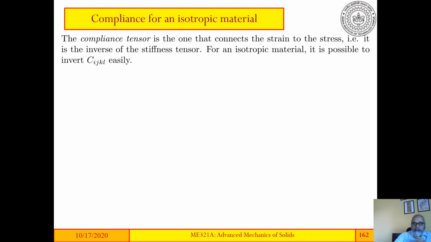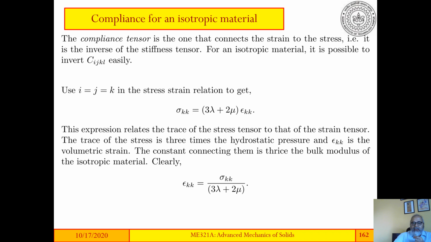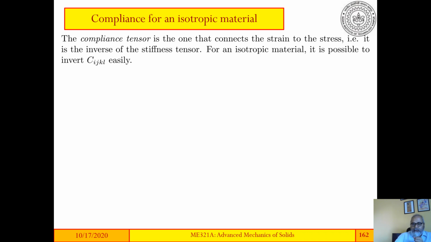So first let us look at the stress strain relation, which is sigma ij equal to lambda epsilon kk delta ij plus 2 mu epsilon ij. This is what we have determined.